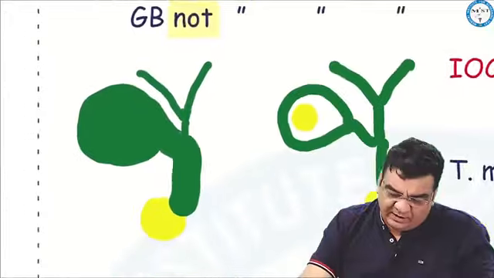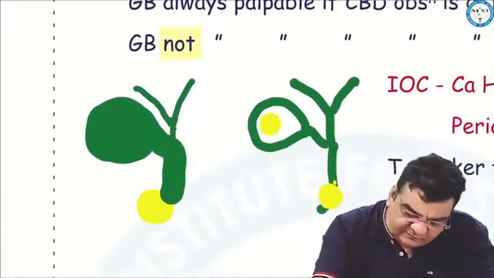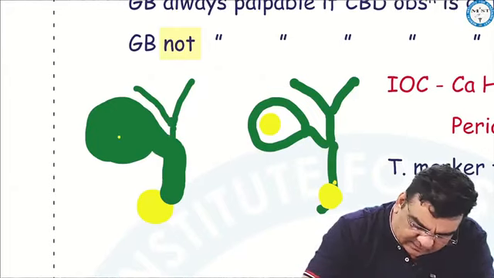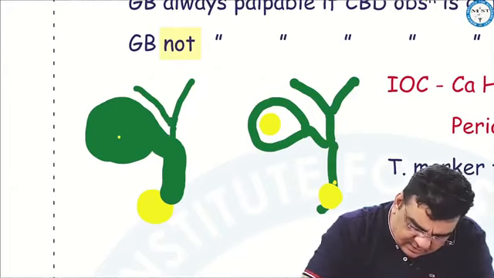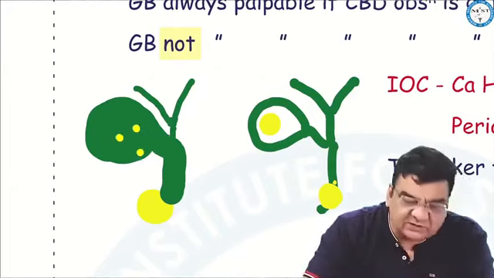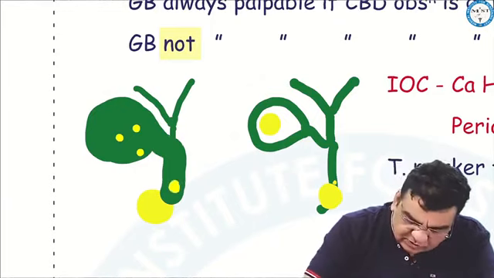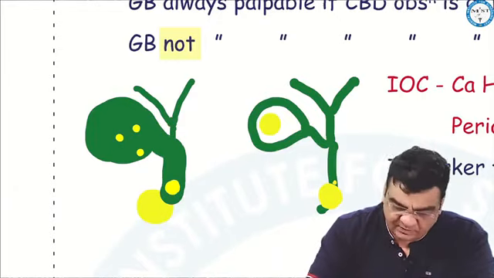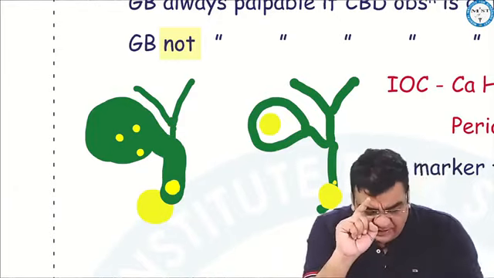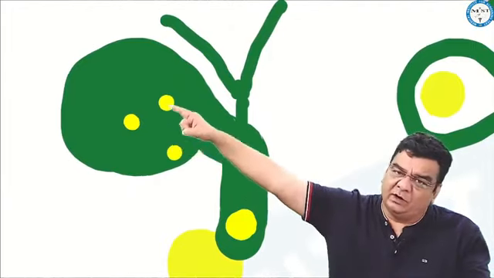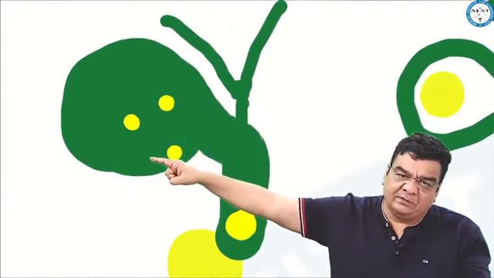But it is also true that if suppose there are stones inside the gallbladder, and suppose the stone has come here and is causing a traffic jam situation, then ideally, the majority of the times, the proximal parts dilate, the gallbladder is distended and palpable.